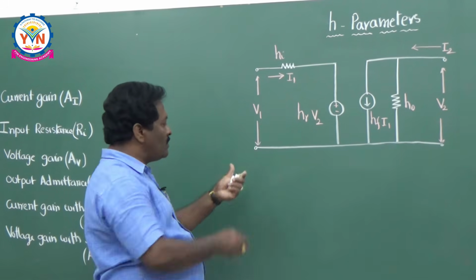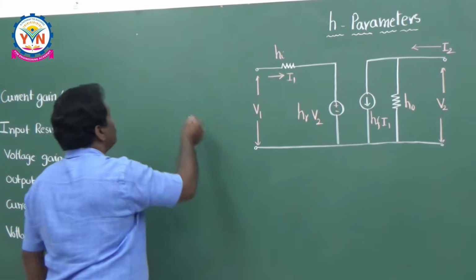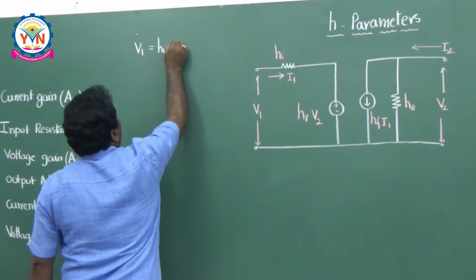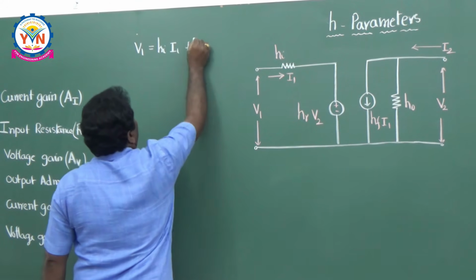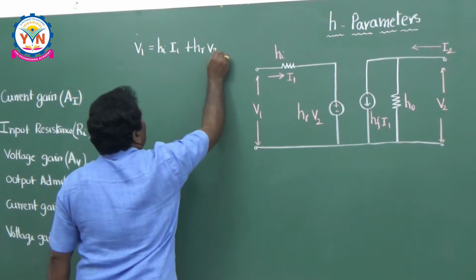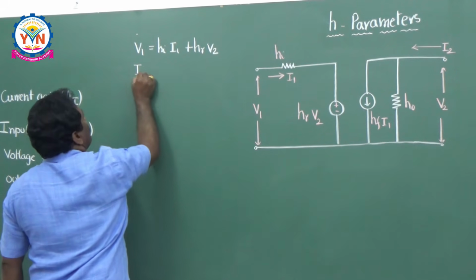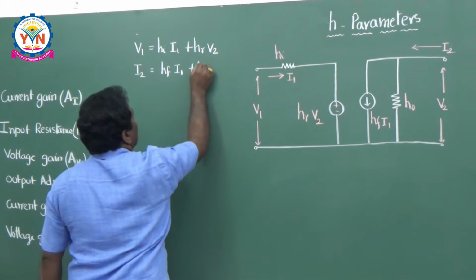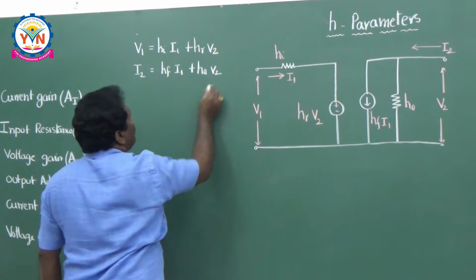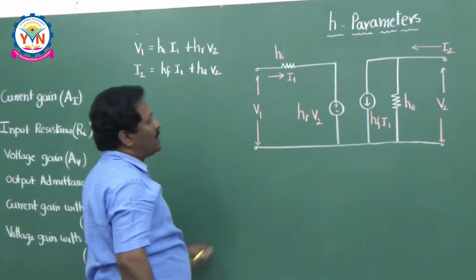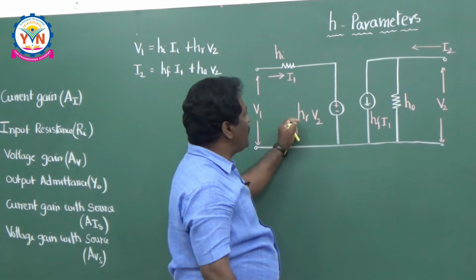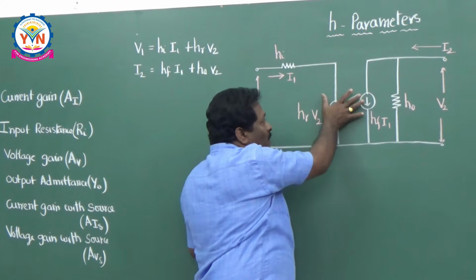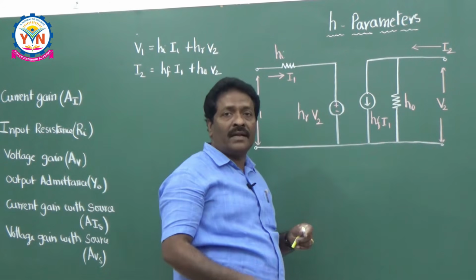The basic equations of the H parameters are V1 is equal to Hi times I1 plus Hr times V2, this is the KVL. I2 is equal to Hf times I1 plus Ho times V2. We have implemented these two equations in this diagram. Input side is KVL and output side is KCL.